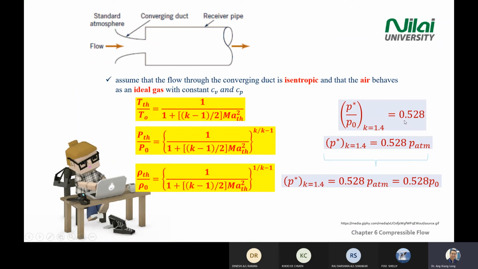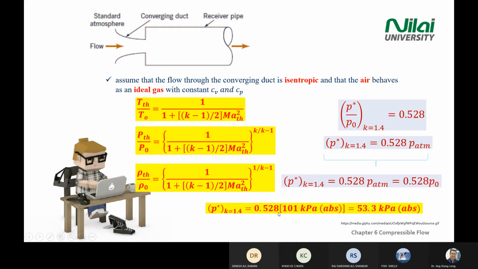Okay, you can use the value of 0.5283. You rearrange, meaning you take P0 as the atmospheric pressure. So the value of P star will equal 0.5283 times the stagnation pressure.